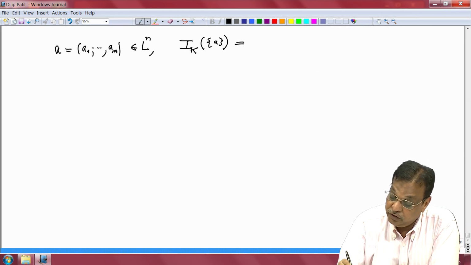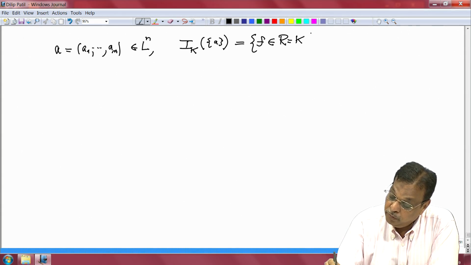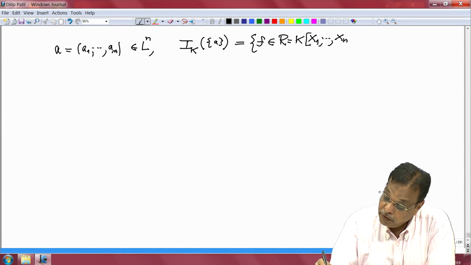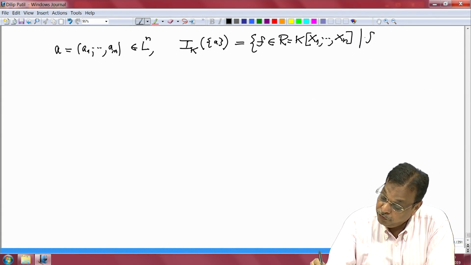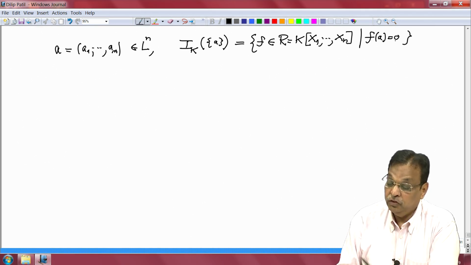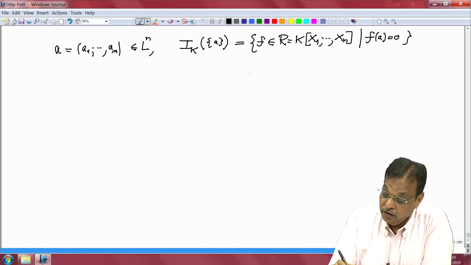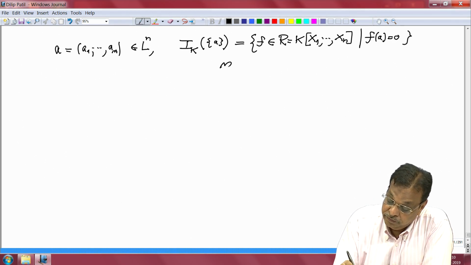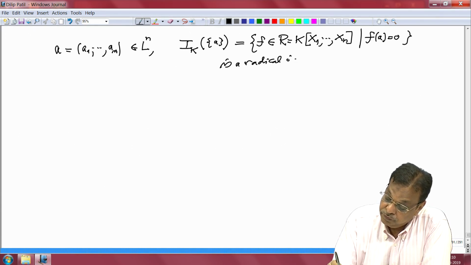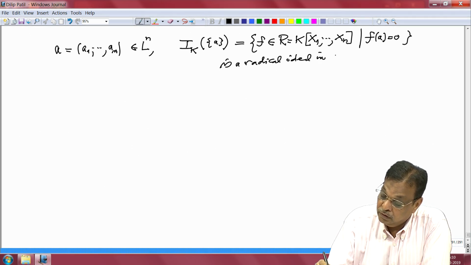So, this is by definition all those f in R, and I remind you R is the polynomial ring in n variables over the base field K, such that f of a is 0. This is the definition of I. This is an ideal, this is a radical ideal in R.